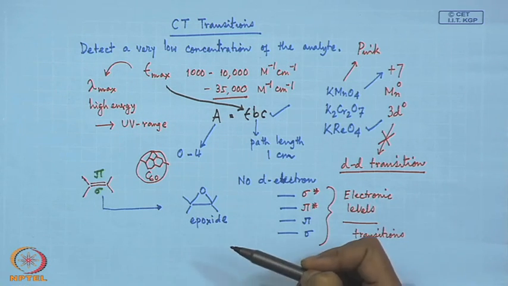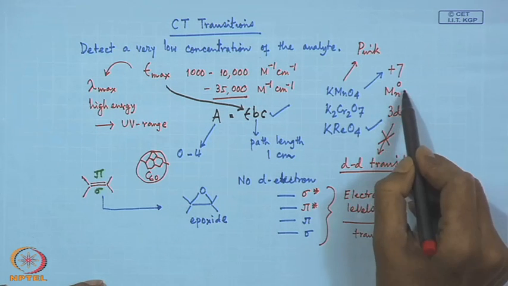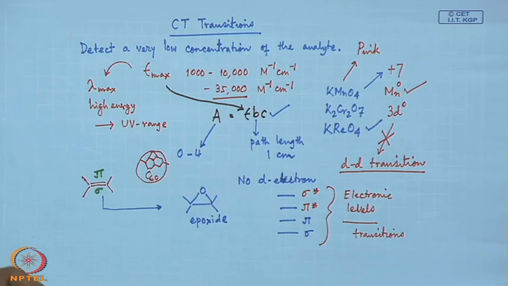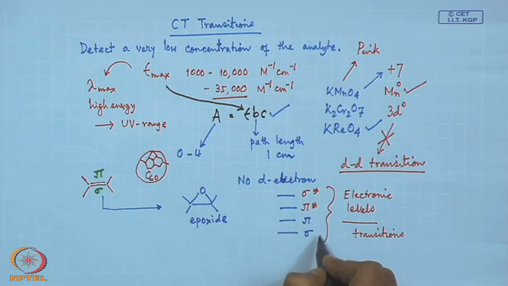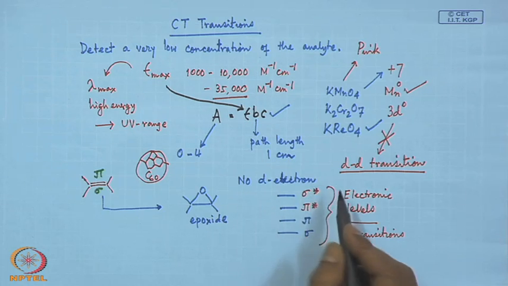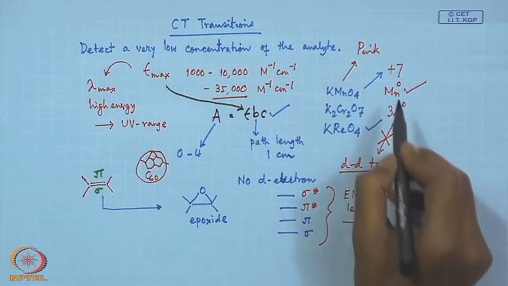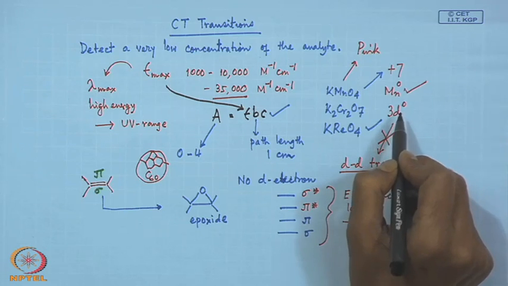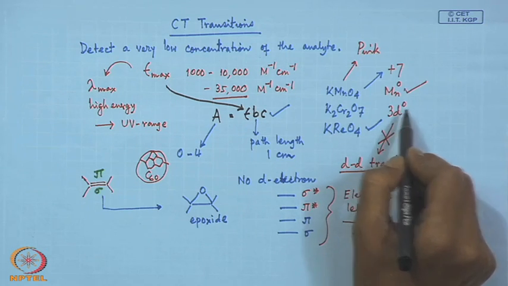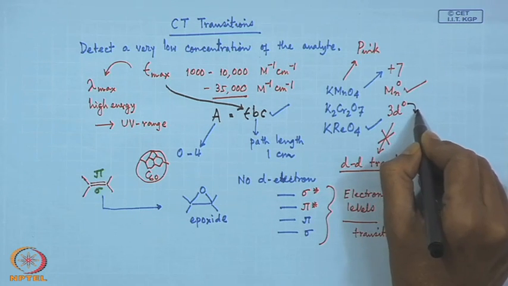When no d electron is present, such as in a manganese 0 system, we can have some charge transfer type transition involving the ligand system, the organic part. But there are some transitions where the metal d electron is not there, that means the electron cannot go from the d level, but this 0 means it is a vacant level.